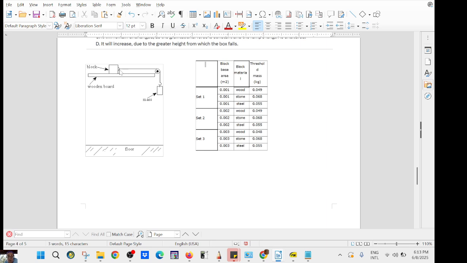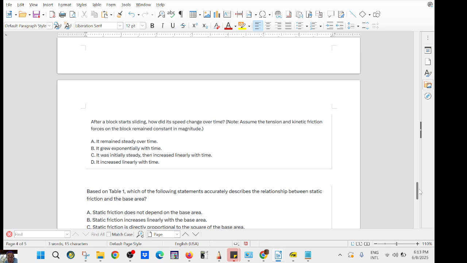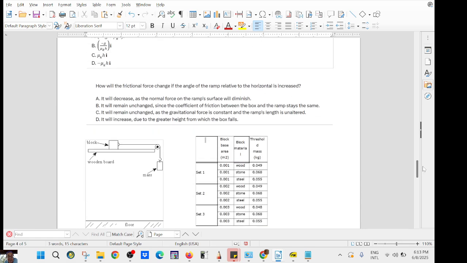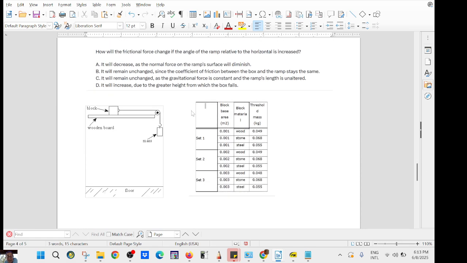So it has two forces applied to it. So you can stop the video, by the way, and try to answer the question. You should pause the video. Because the acceleration is constant, it says somewhere here that when it starts sliding, it's going to accelerate. That means the net force is constant.